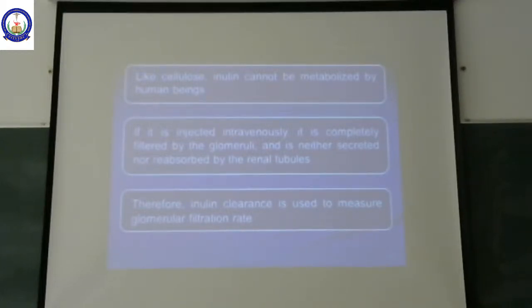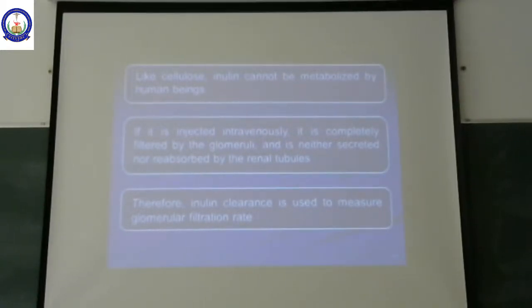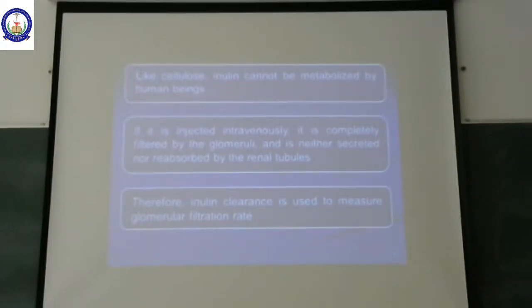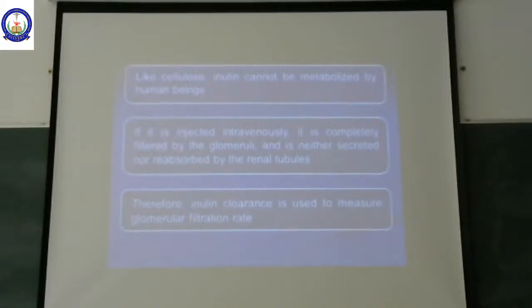Therefore, inulin clearance is used to measure the glomerular filtration rate, which helps to know the function of the kidney.